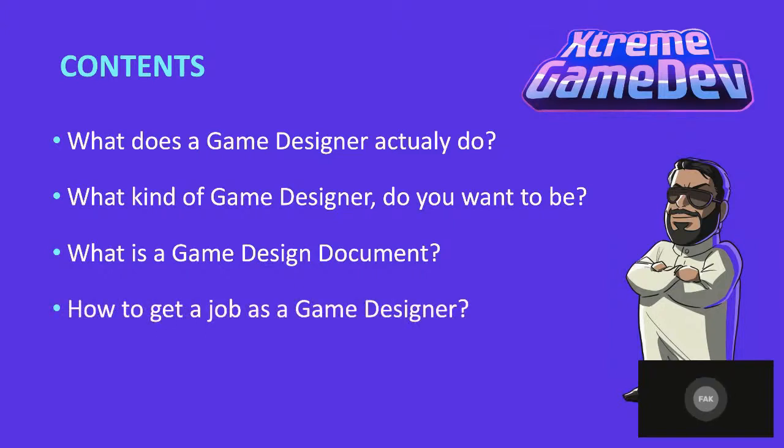Next, we're going to talk about how to get a job as a game designer. It's not easy. And is game design a dream job? The $1 million question. So yeah, this is the contents of the presentation of today.